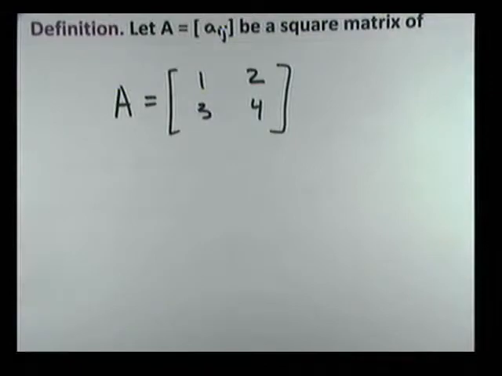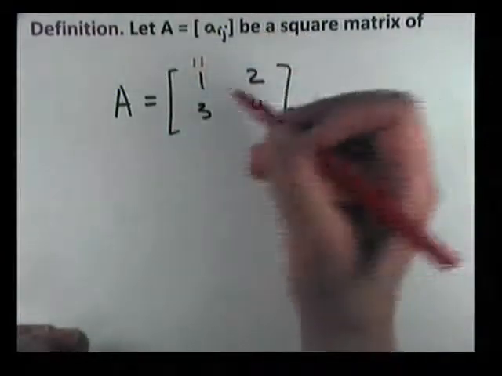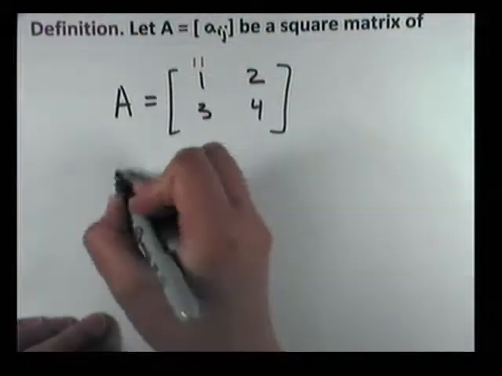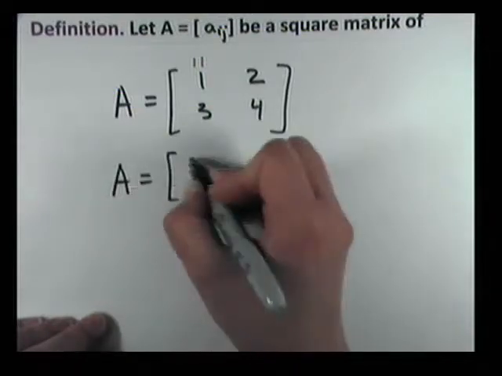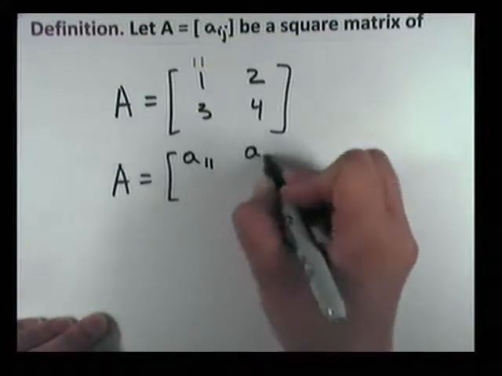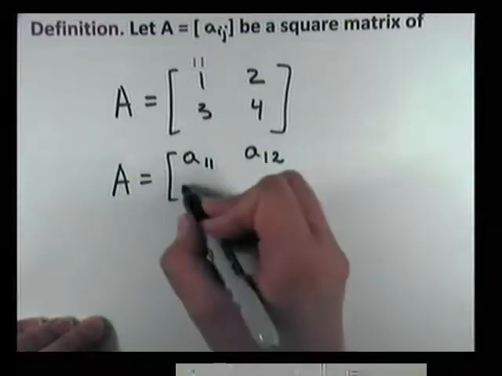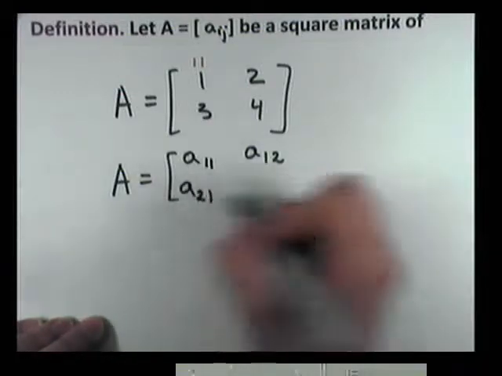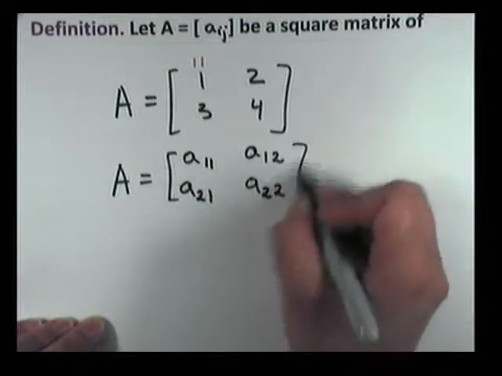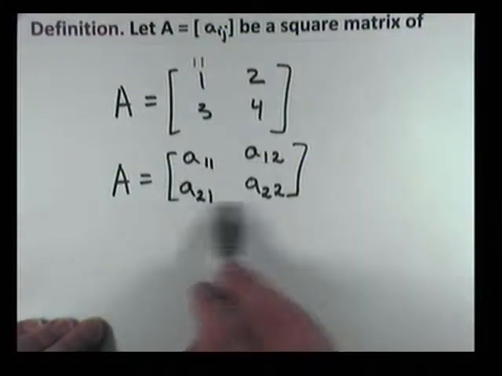So we say that this is position 1,1, or we can say the first term is denoted as a_11. This term is first row and second column, so I denote it 1,2. Then we have second row, first column, and then second row, second column. So this is a_11, a_12, a_21, a_22.